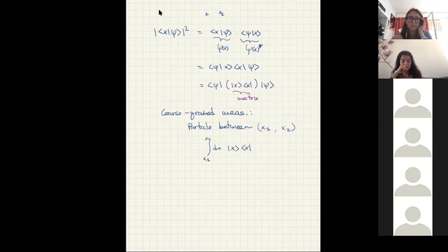So it's going to be the sum of all these elements, each corresponding to an exact position, but now over some range.